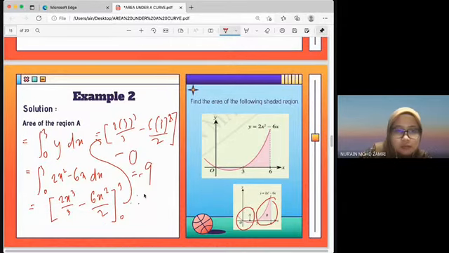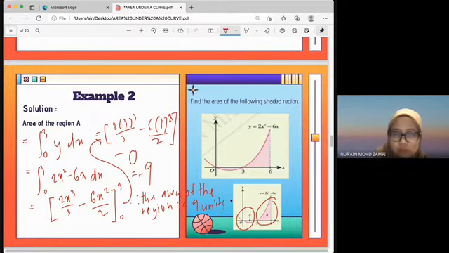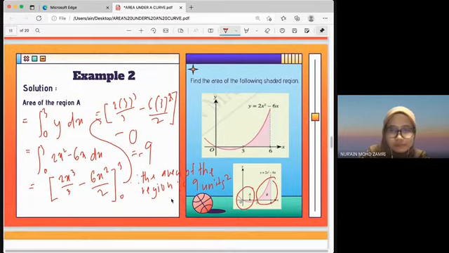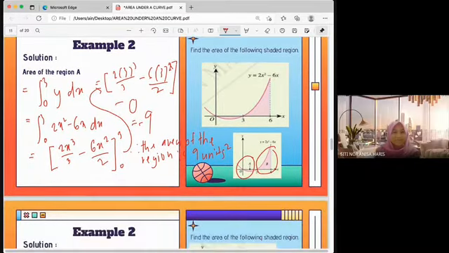So hence, the area of the region is 9 units square. You can just ignore the negative sign. It just indicates that the area is under the x-axis, okay? Okay, students?